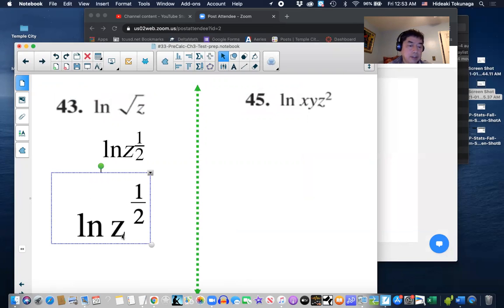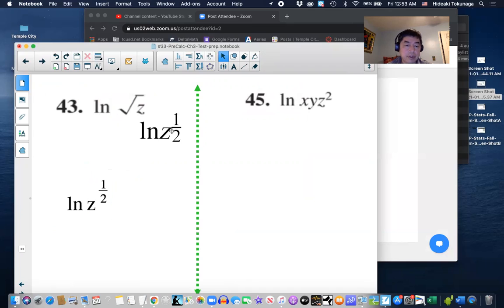Now, this is the expression. Natural log, base is e, of z to the negative half power, negative 1/2 second power, which is square root 2. Now the rule is you can put this one to the front.